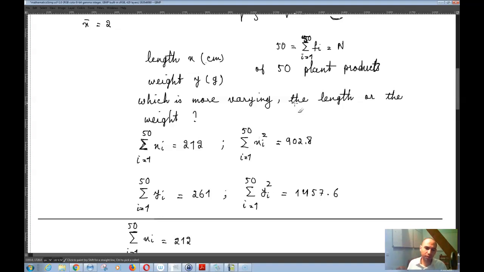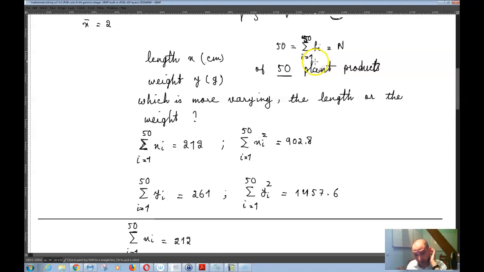Now pick whatever sort of logic you want to pick, but anyway, you can assume that this number 50 is sigma f of i as i goes from 1 to 50, equal to n, and then based on that we can solve the problem.